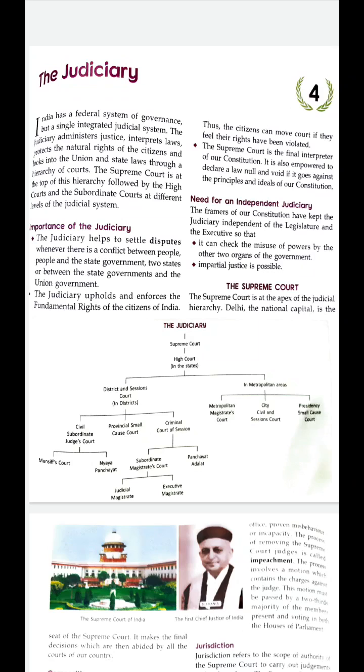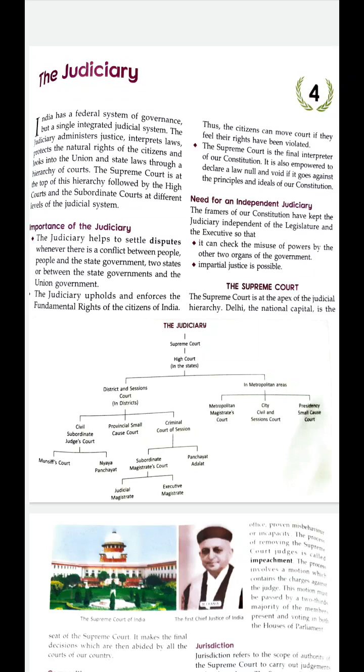Clear? Now next is our need for independent judiciary. The framers of our Constitution have kept the judiciary independent of the legislature and the executive so that it can check the misuse of power by the other two organs of the government.